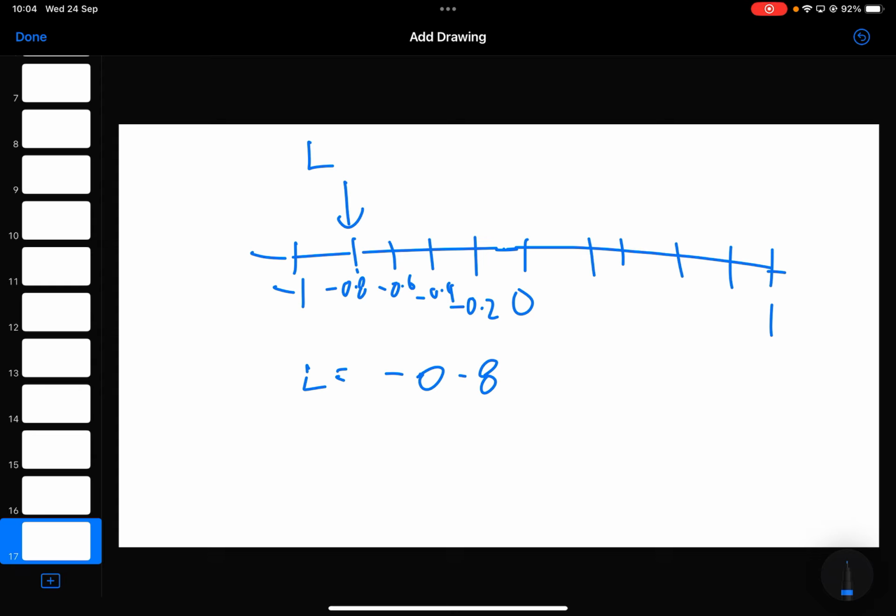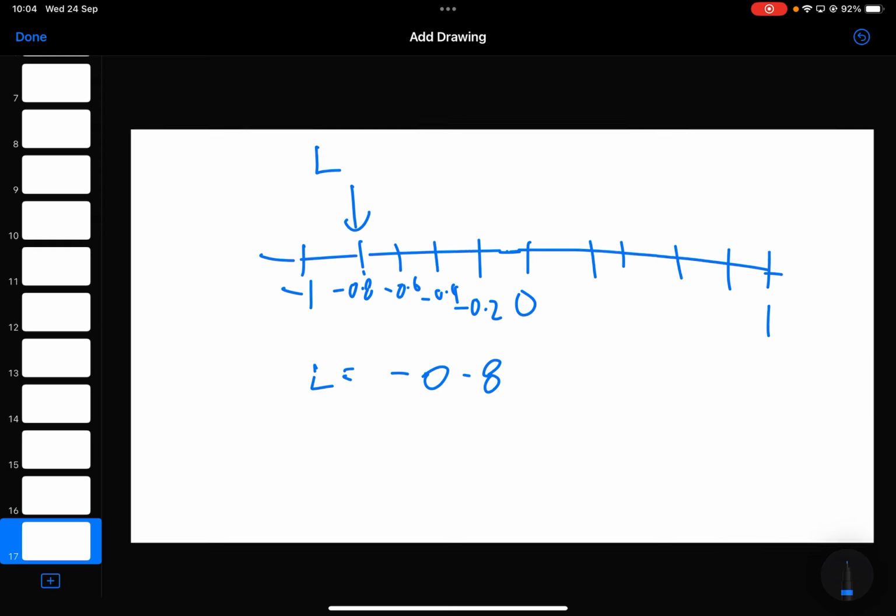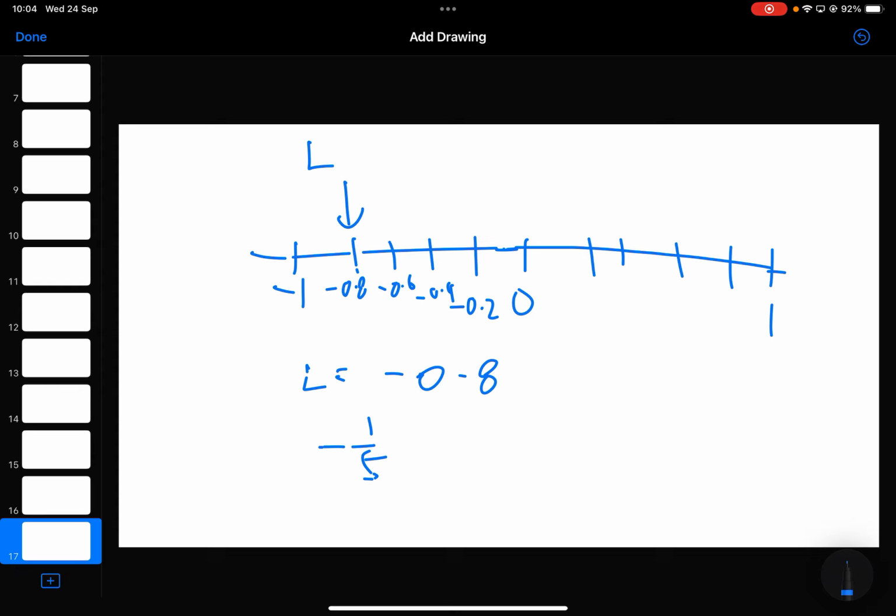Are you able to draw an arrow and indicate negative 1 over 5, then label it M? What should you do? Negative 1 over 5, where is it?